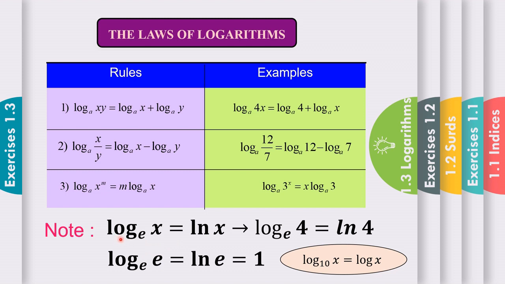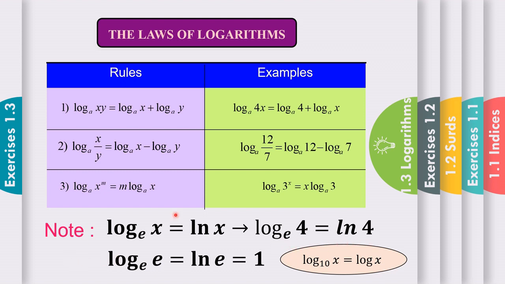Okay, bear in mind that if you have log base e, this is equal to ln. For example, if you have log 4 base e, this is equal to ln 4. Okay, ln is another name for log base e.